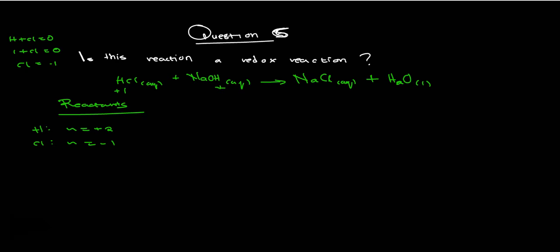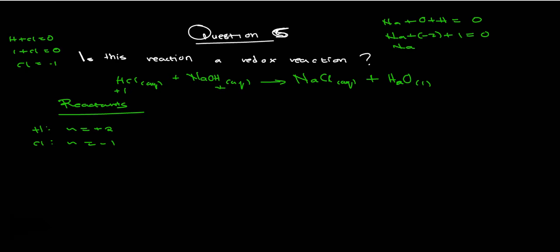Sodium in sodium hydroxide, it is also the same. What we do, we say sodium plus oxygen plus hydrogen is equal to 0. Sodium is the one we are looking for. Oxygen in all compounds is -2. Then hydrogen is +1, equal to 0.